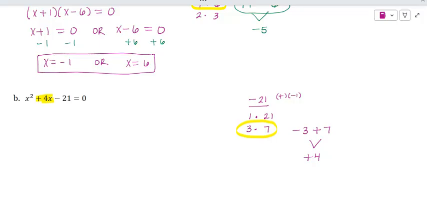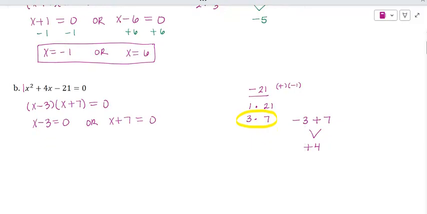So again, because I have a 1 as the leading coefficient, I can take these two numbers that I just found and put them directly into the parentheses. So I have x minus 3 and x plus 7 as my factorization. To solve this, I'll break this up into two separate equations. x minus 3 is equal to 0, or x plus 7 is equal to 0.